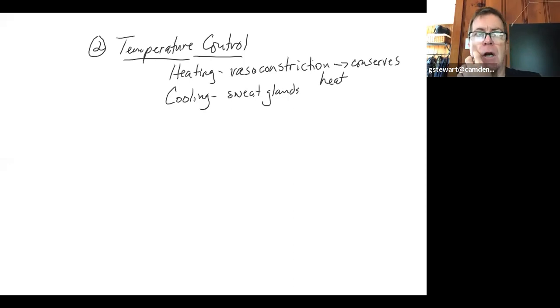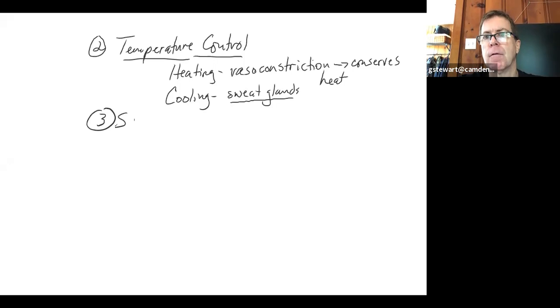The process of sweating, releasing these excretions from sweat glands onto the surface of our body, is a cooling process. Evaporation of that fluid cools the body surface. All right, so temp control, let's do number 3.